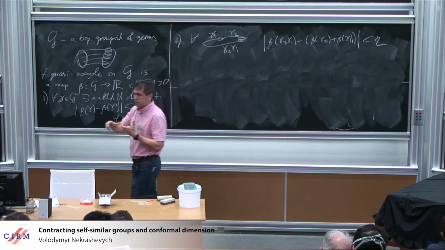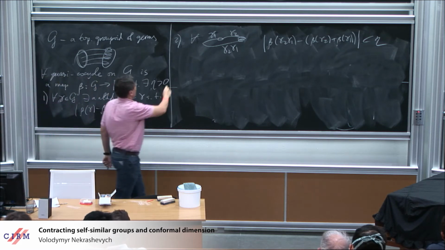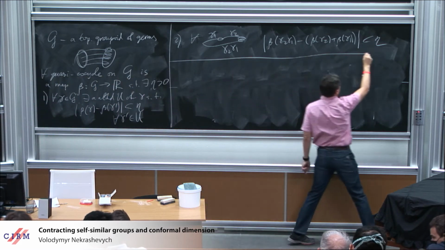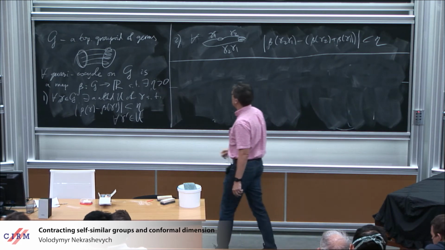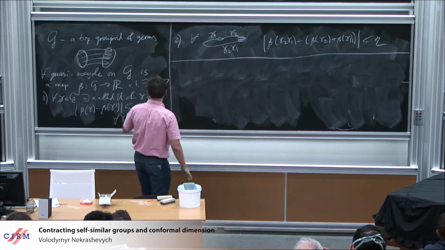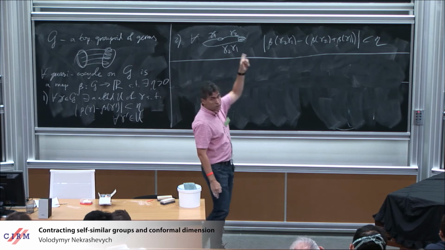So it's almost additive and it's almost continuous. So an example is, well, where eta is 0 actually, is that cocycle coming from those graphs.